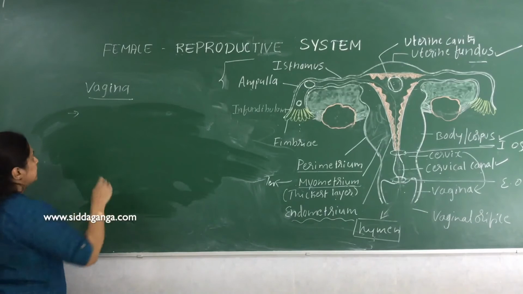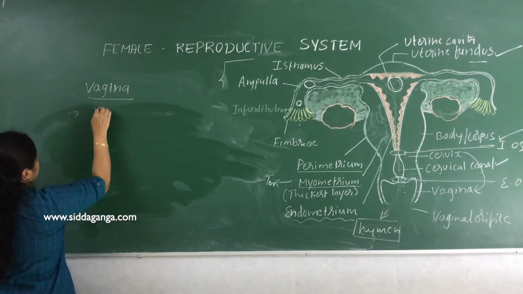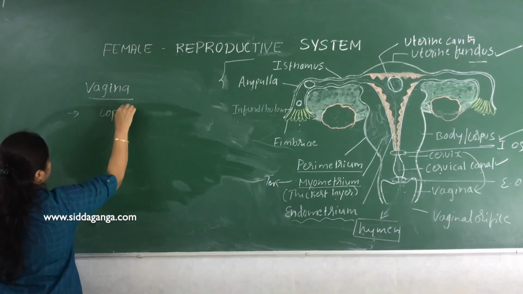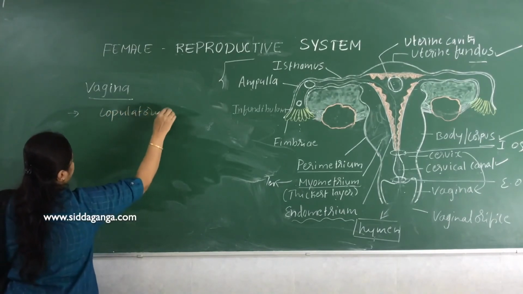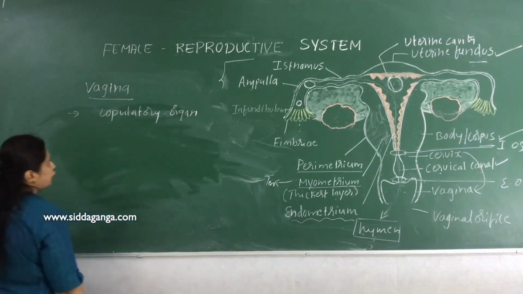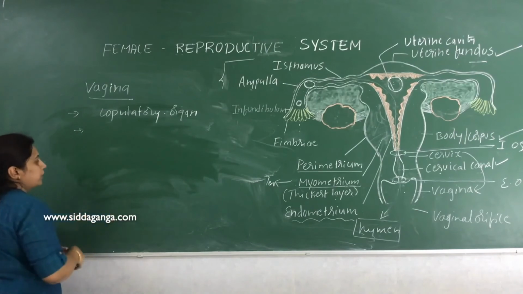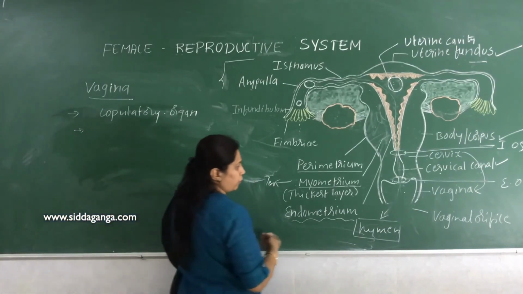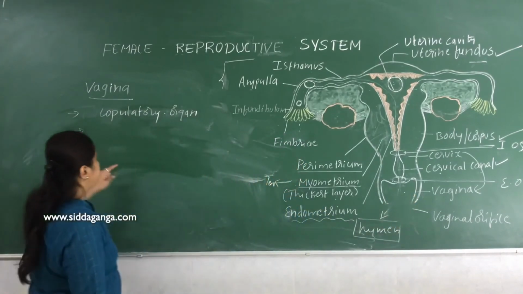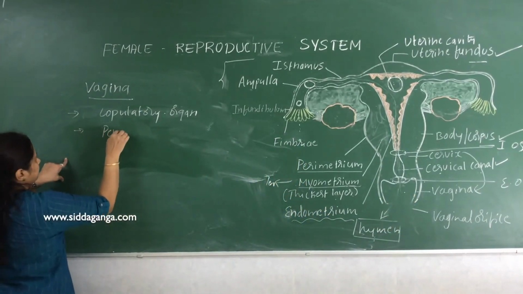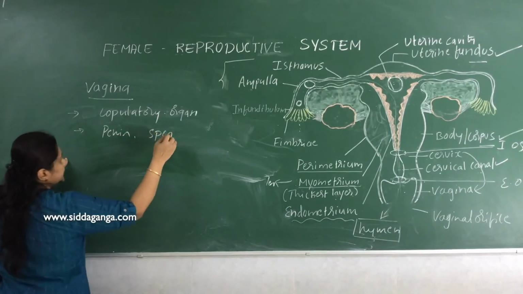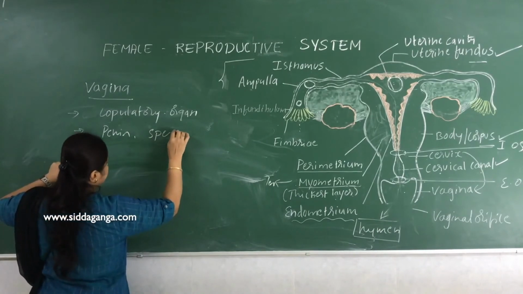In females, the copulatory organ is the vagina. During sexual intercourse, the sperms are deposited in the vagina of the female. So it is the chamber for receiving the penis and the sperms.